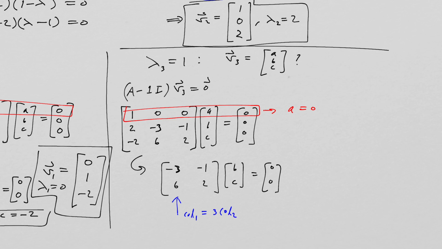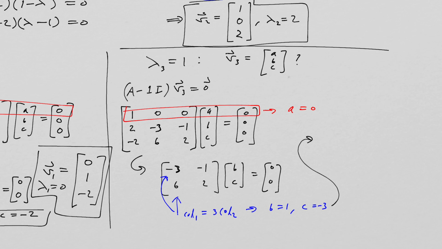And that's true for both the top row and the bottom row. So that means, of course, that I can take B equals 1 and C equals 3, but then I'll make it C equals negative 3, and then I should have it.